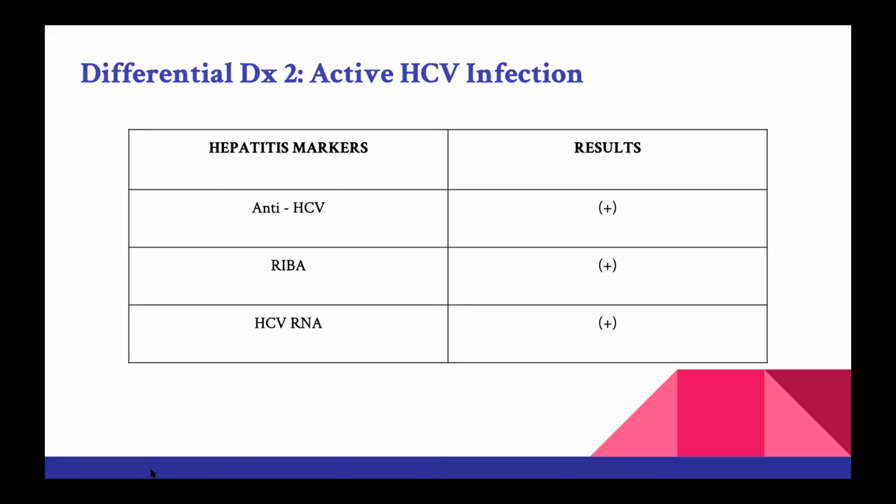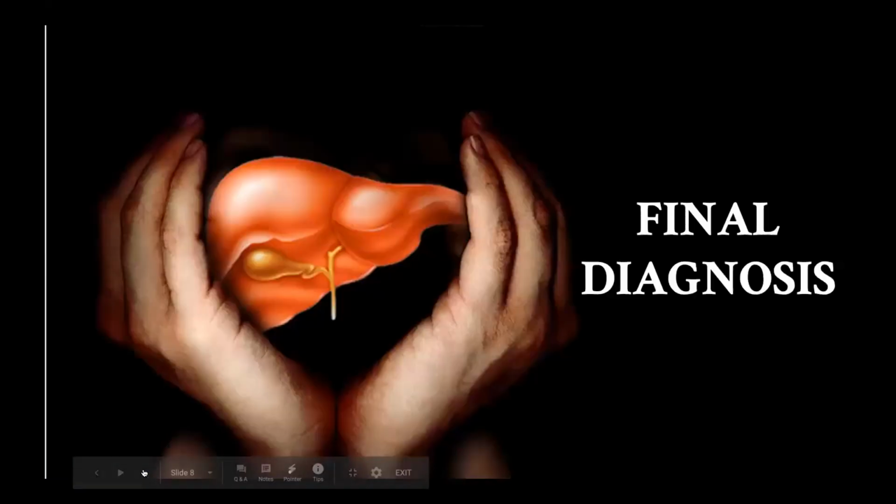These 3 indicate a positive result that would lead us to an active case of hepatitis C: anti-HCV, HCV RNA. For a major diagnostic identification of hepatitis C, the most important clinical marker will be the anti-HCV. Thank you. Next.